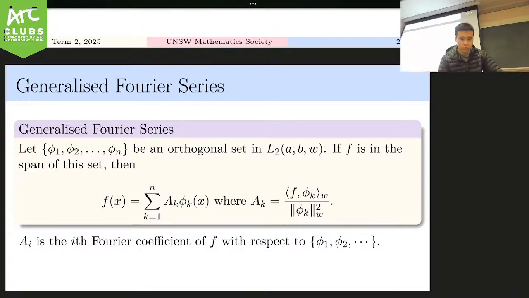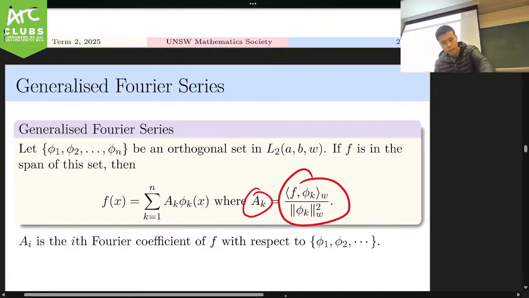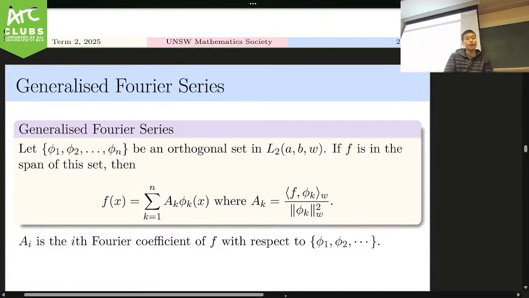And then we define a_k as this. Now this form is very reminiscent of something from linear algebra, maybe first year or even high school. This is very similar to the projection formula, if we use the linear algebra definition.